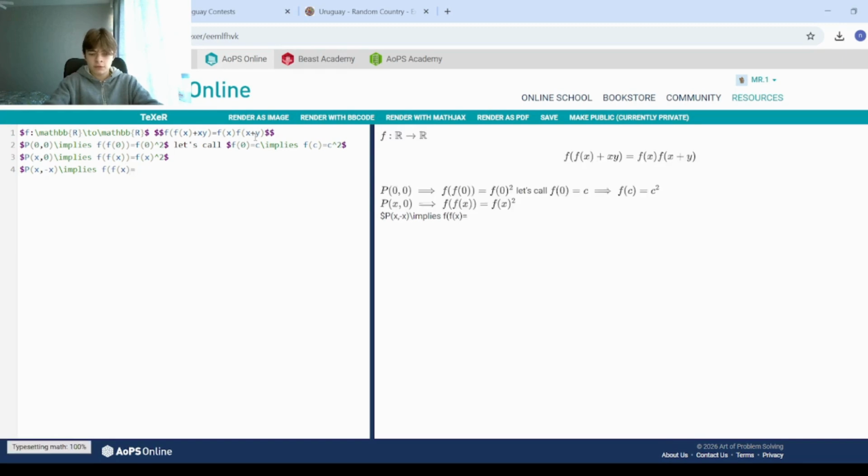f(x) minus x squared is equal to c times f(x), and we can try.